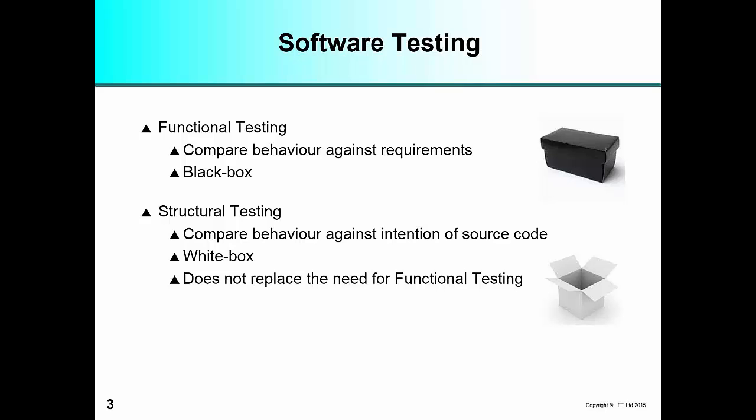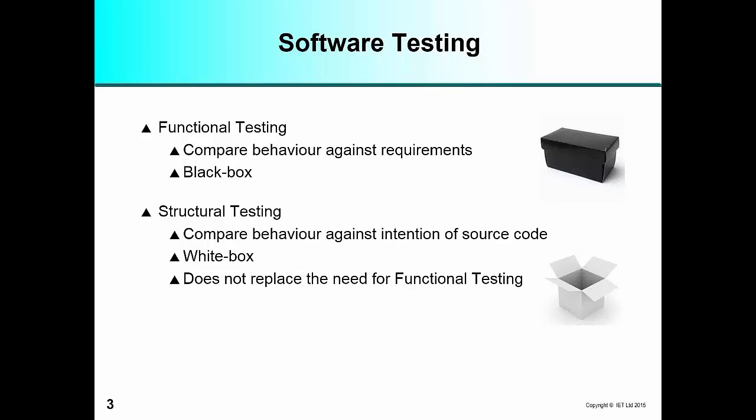You basically set it an input and check the output is as you would expect. Structural testing, on the other hand, is comparing the behavior of the application against the intention of the source code. So it's sometimes called white box testing because you're looking at the actual source code itself to see if it does what it's supposed to do.